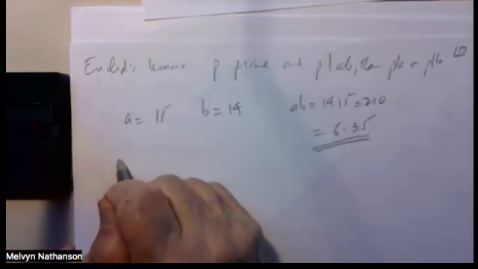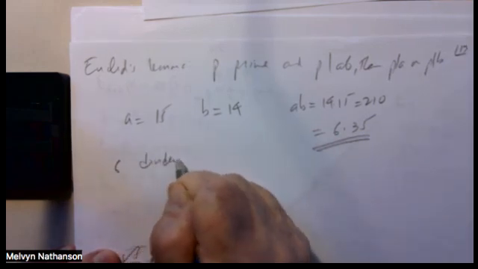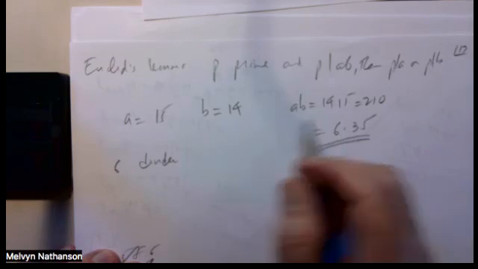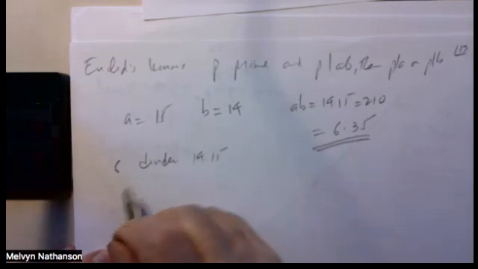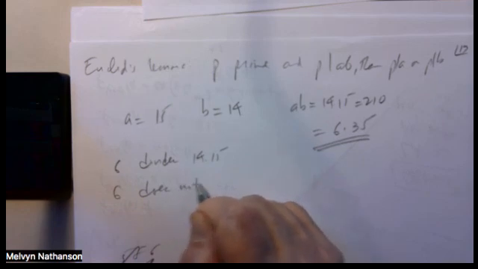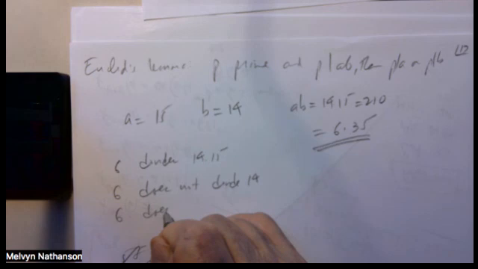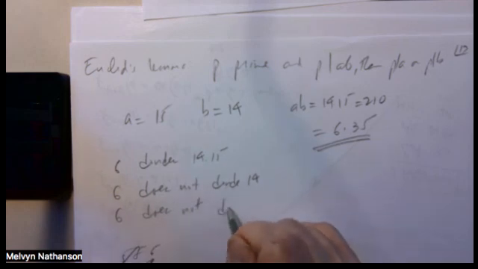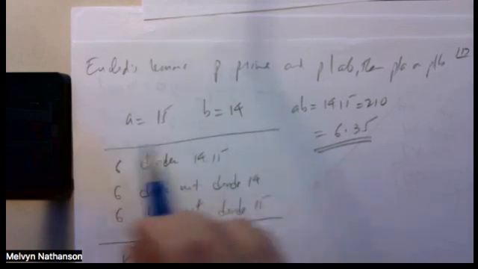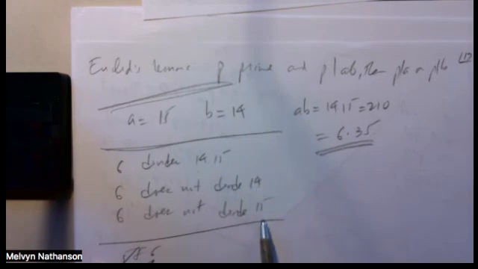So we have 6 divides 14 times 15. 6 does not divide 14. 6 does not divide 15. So here we have an example. A number divides the product of two integers, but it doesn't divide either one of them.